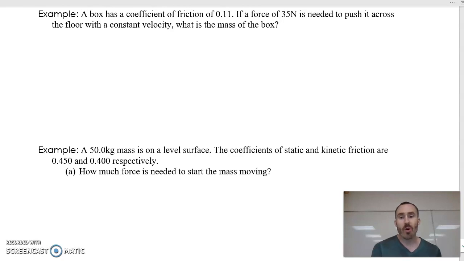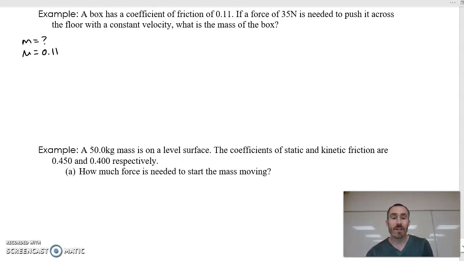A box has a coefficient of friction of 0.11. If a force of 35 newtons is needed to push it across the floor with a constant velocity, what is the mass of the box? So we're looking for mass. We are told the coefficient of friction, mu, is 0.11.